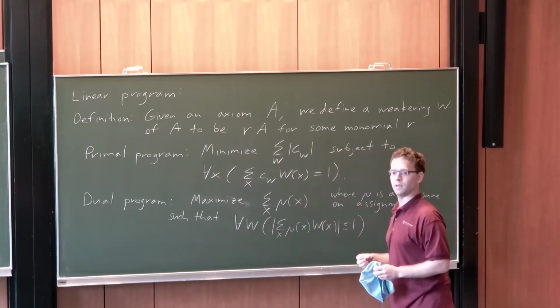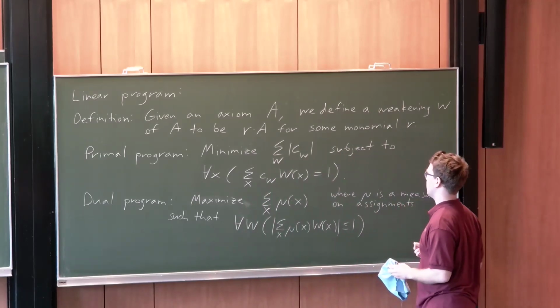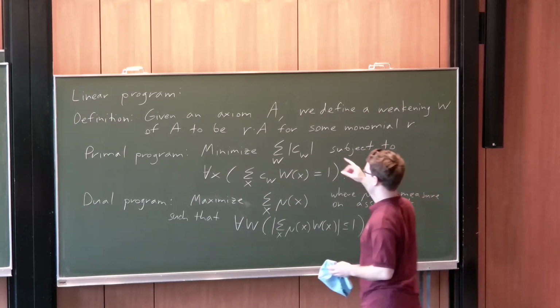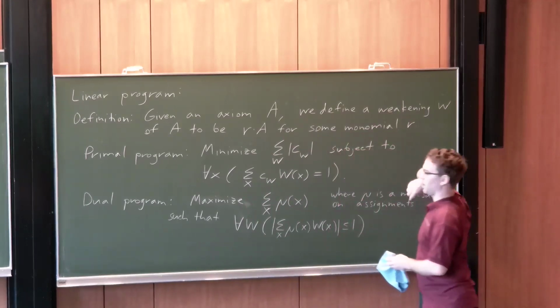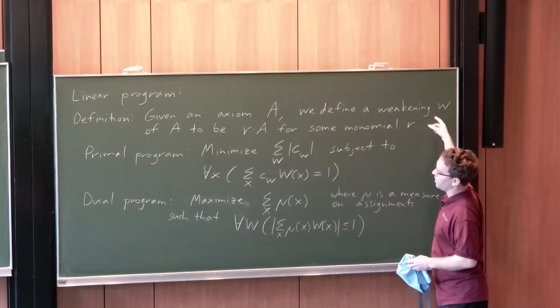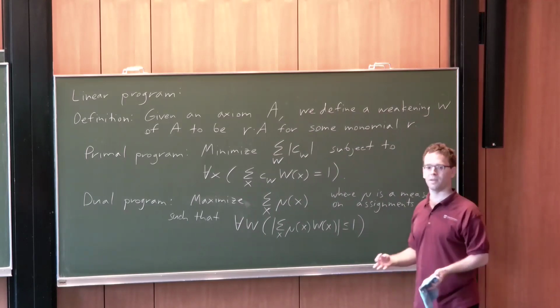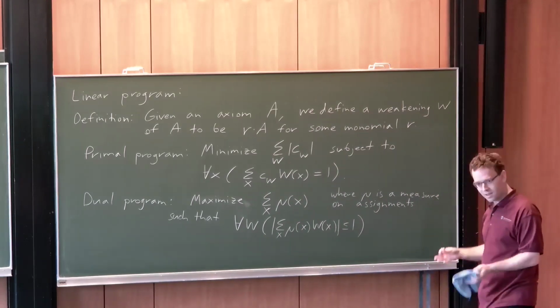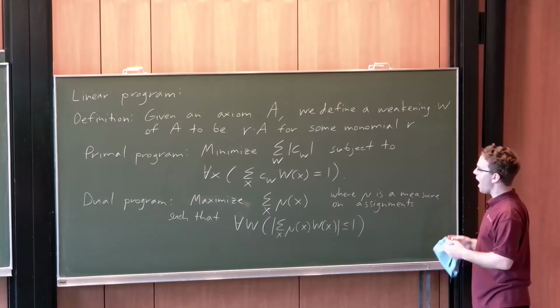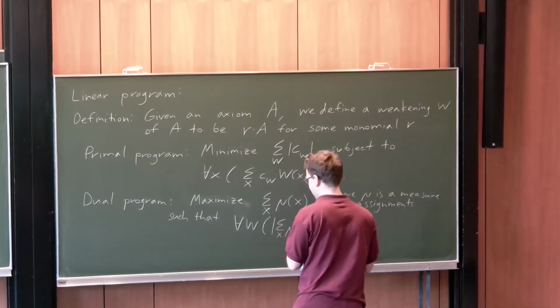So here you have one axiom, but obviously you've got collections. How does this extend? Here I want to take the collection of any axiom times any multiplier. So W is over all weakenings of all axioms. Yes, exactly right.